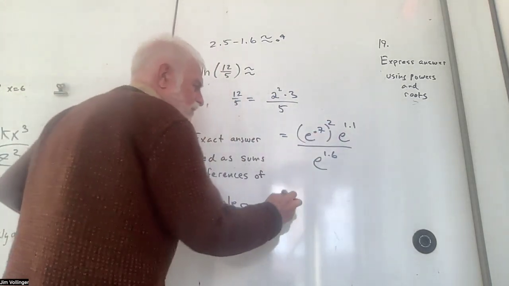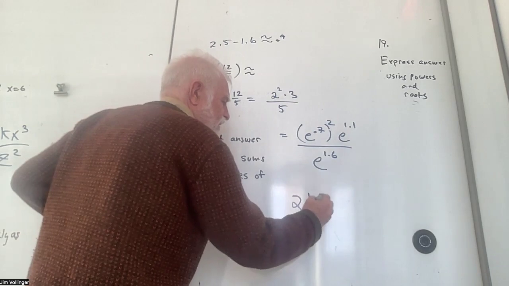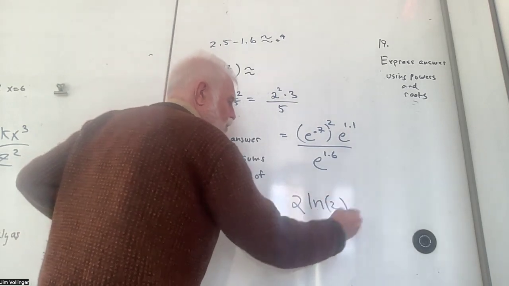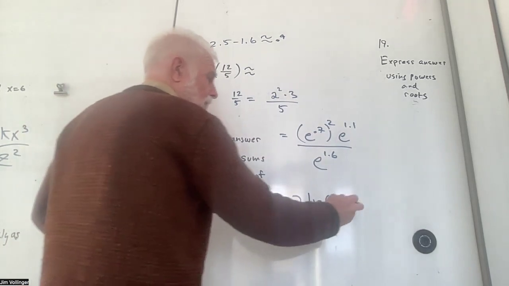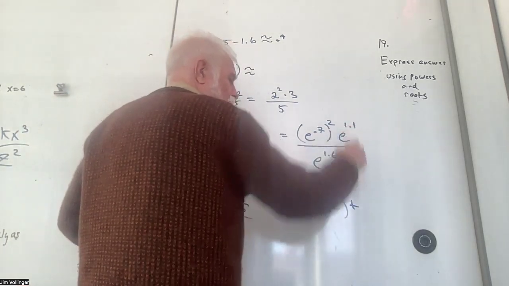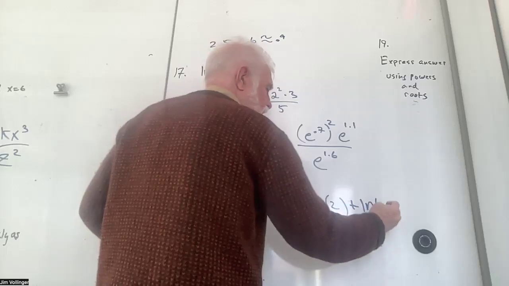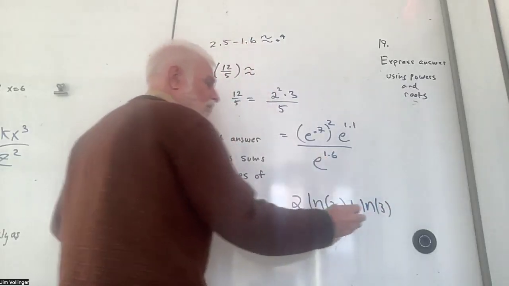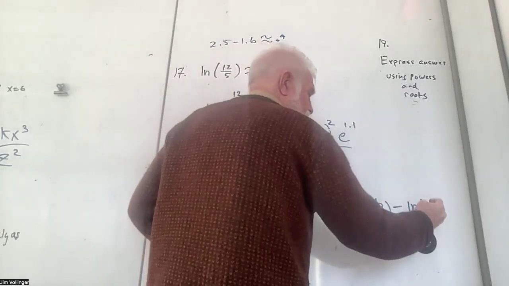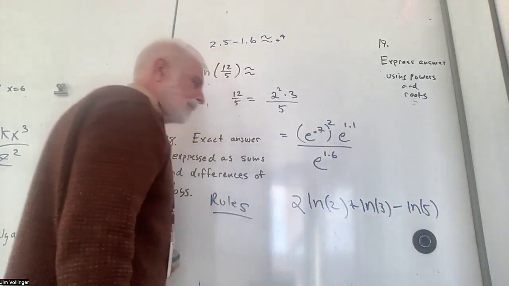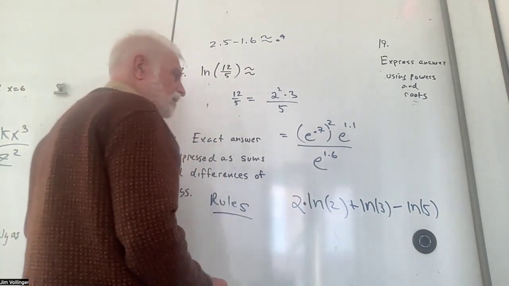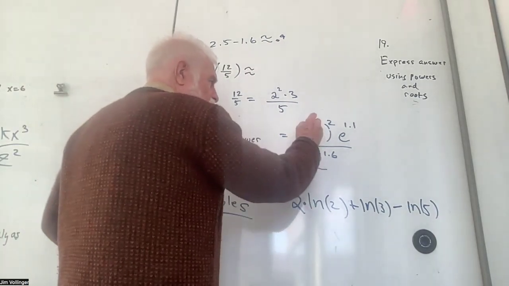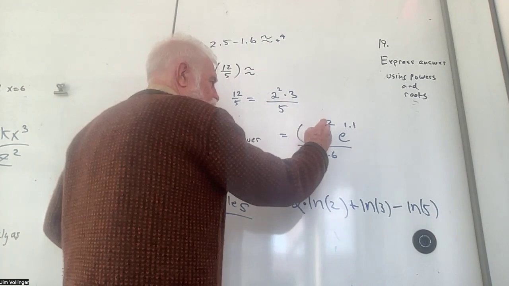2 times 0.7, which is 2 times the ln of 2. 0.7 is the ln of 2. Plus 1.1 is the ln of 3. Minus 1.6 is the ln of 5. Okay. This multiplication is really, let's write that, ln of 2.